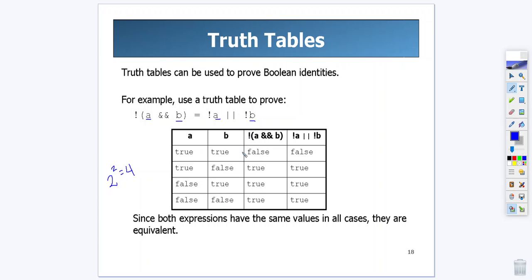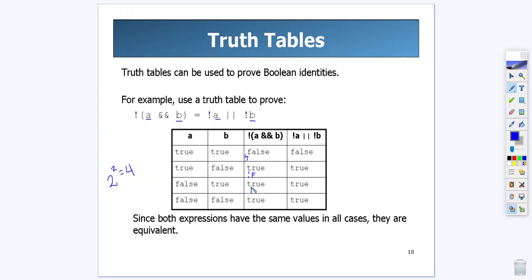You'll notice when I do a truth table for this, A and B, so true and true, would be true, and then I negate it, which is false. Here, A and B would be false, and then when I negate it, I get true. A and B, remember, both have to be true.